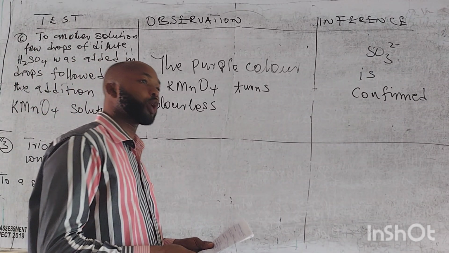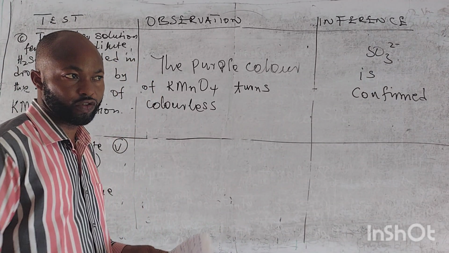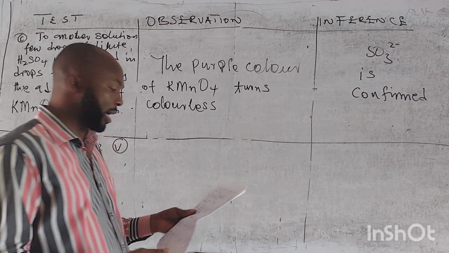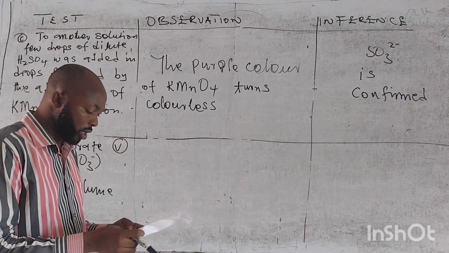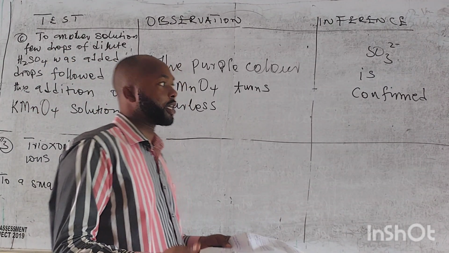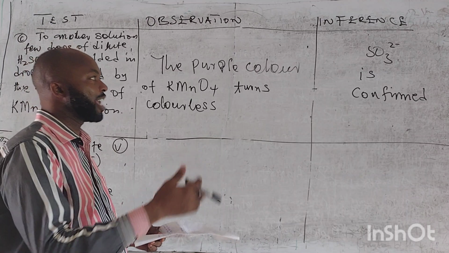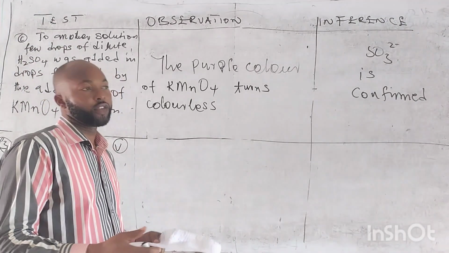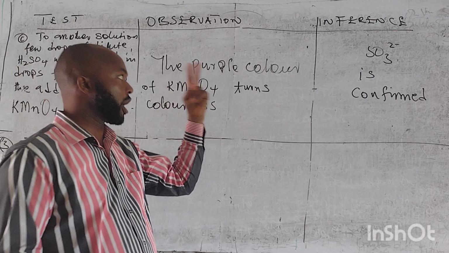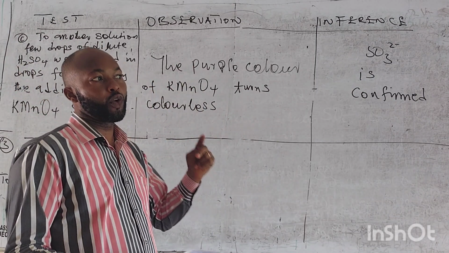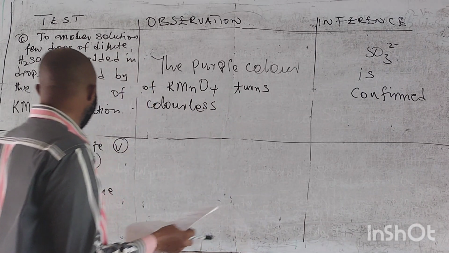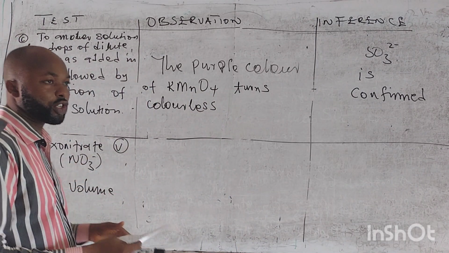Then we move further to add dilute HCl in drops, followed by KMnO4. The purple color of KMnO4 turns colorless, and the inference is SO3 is confirmed. So we have just run the test for SO4, SO3, and now want to test for NO3, trioxonitrate(V).